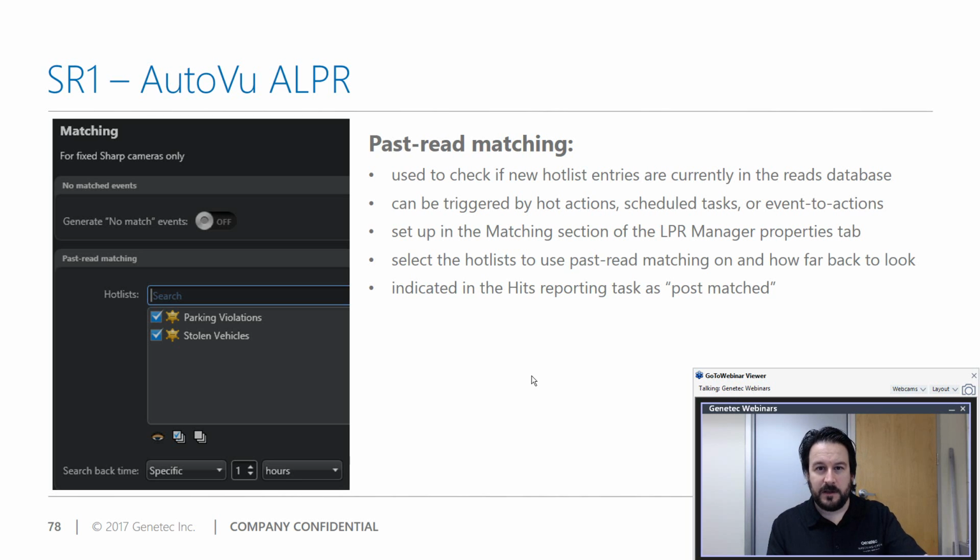We see him from this hot list that was actually read yesterday, and we'll let you know in the matching process. You set that up in the matching section of your LPR Manager role, and then you just choose the hot list that you want to have this available for. Then you can choose how far back to look. Right now we have a default set to 1 hour.